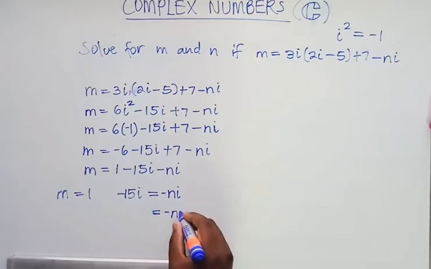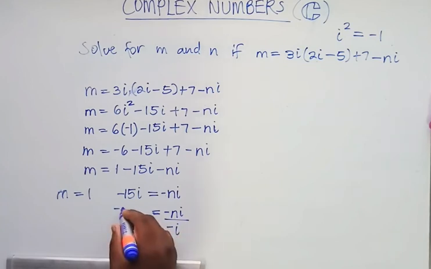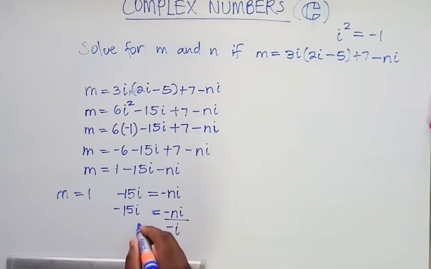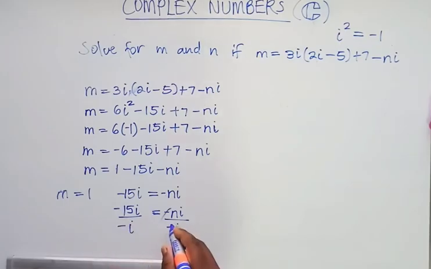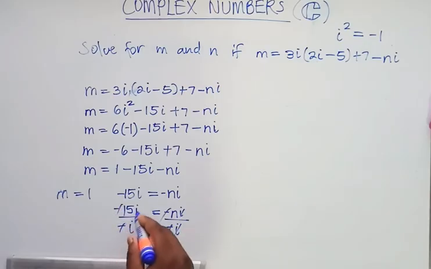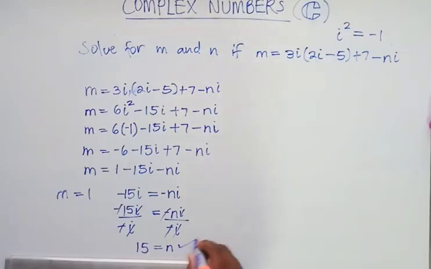So we are going to divide by the negative and the i. We are going to do the same thing this side. The negative cancels negative, i cancels i. And it simply means our n is 15. And those are the solutions. n is 15 and m is 1.